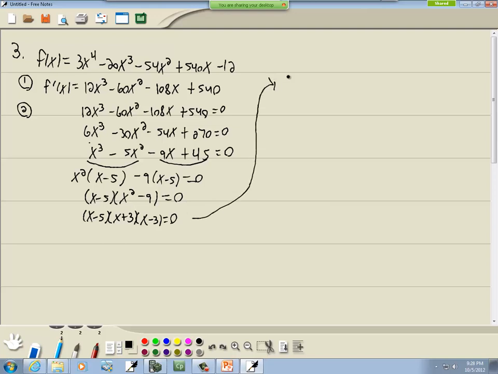Well, zero factor property from college algebra. You get 0 on one side, you factor the other side, you set each factor equal to 0. So I'm going to set x minus 5 equal to 0, x plus 3 equals 0, and x minus 3 equals 0. So we get 5, we get negative 3, and we get positive 3. And these are our critical values.